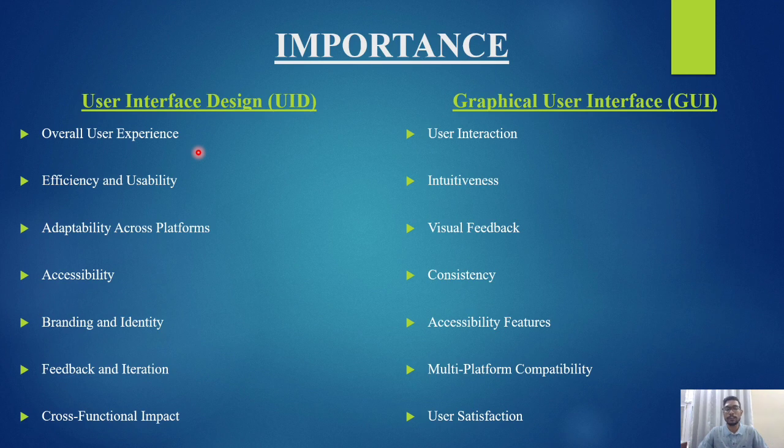Third is visual feedback. GUIs provide immediate visual feedback, helping users understand the consequences of their actions and providing context. Fourth is consistency. GUIs maintain a consistent look and feel throughout the interface, ensuring a coherent and recognizable user experience. Fifth is accessibility features.